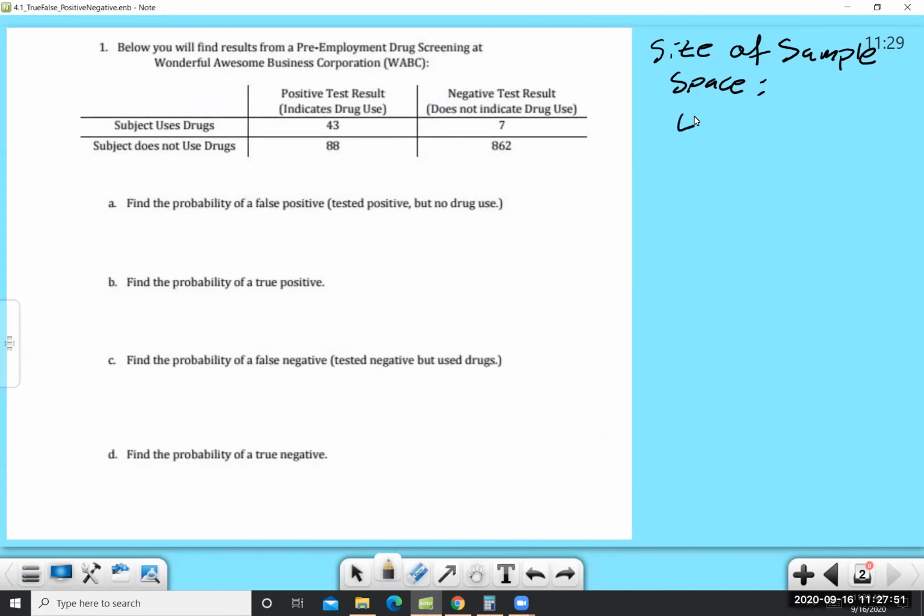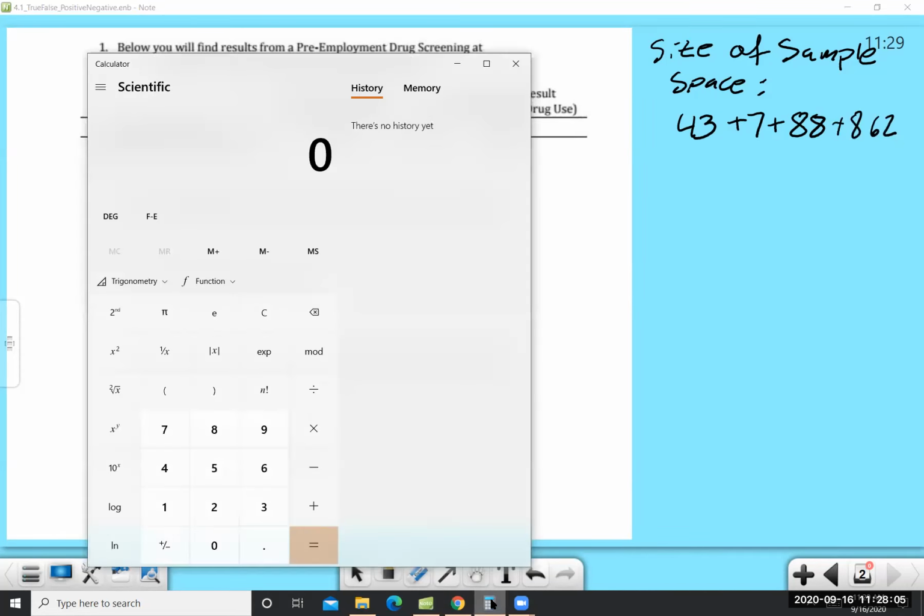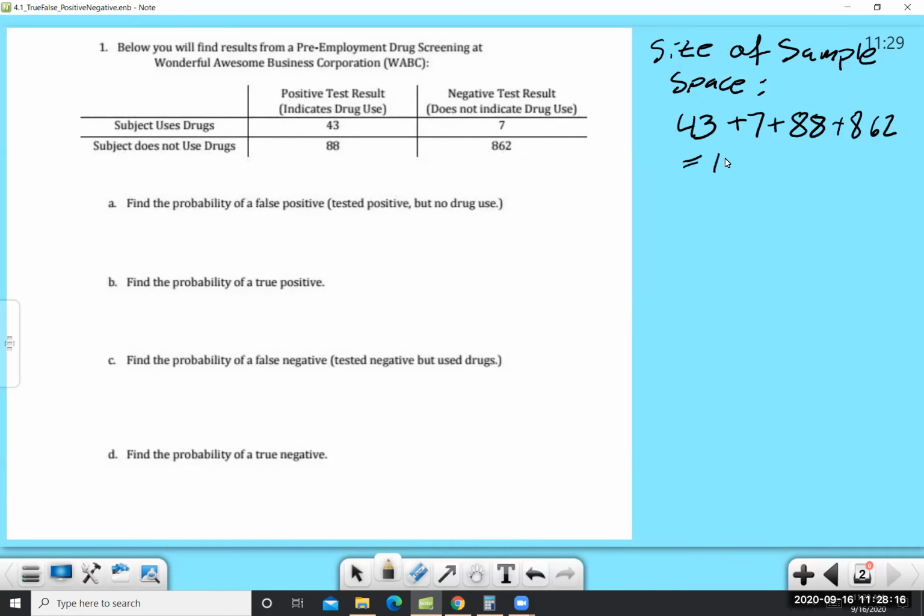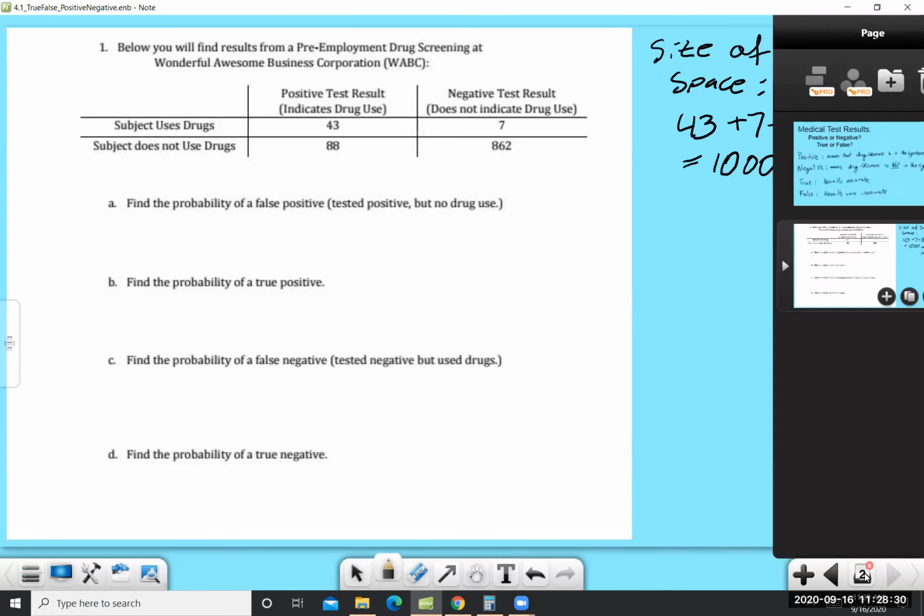So we have 43 plus 7 plus 88 plus 862, and it turns out, quite conveniently, that there are 1,000 applicants screened. So that's going to be important.